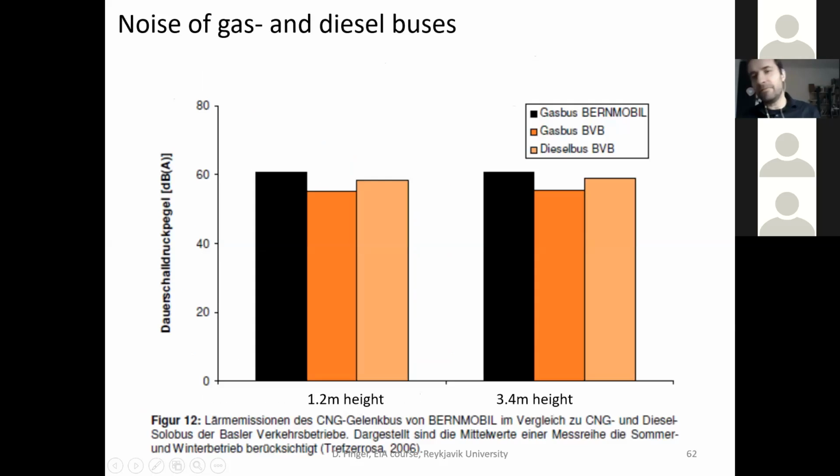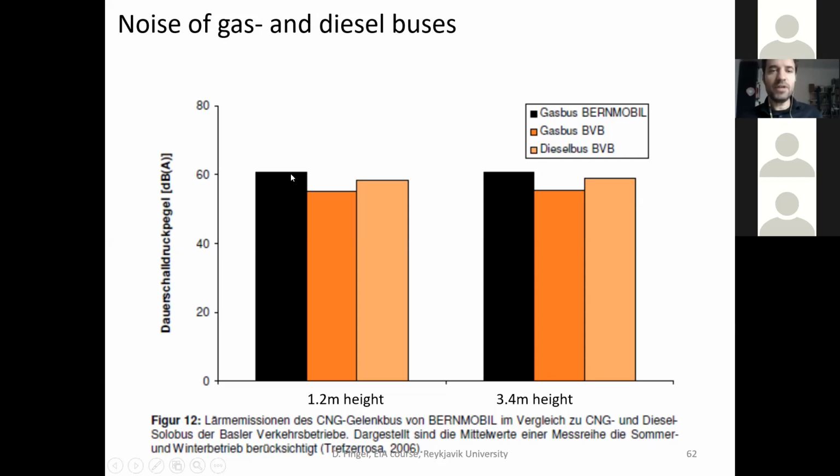We then did some measurements of noise, where we simply went out with a noise meter. We measured the noise produced by a diesel bus going by and a natural gas bus going by, at different distances from the road and at different heights. And we could see that the noise emissions from the gas buses and from the diesel buses were not significantly different.